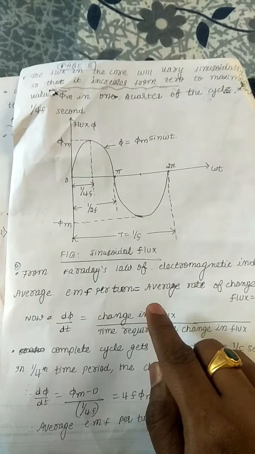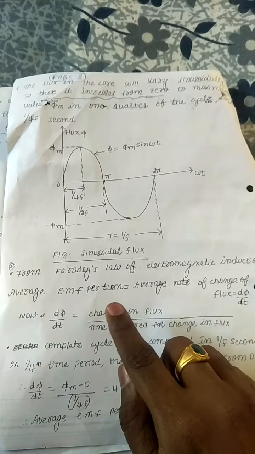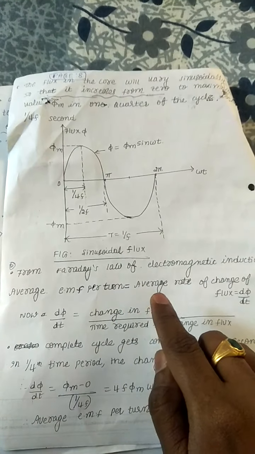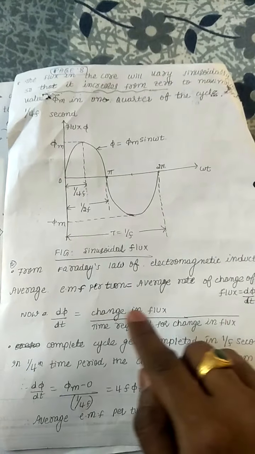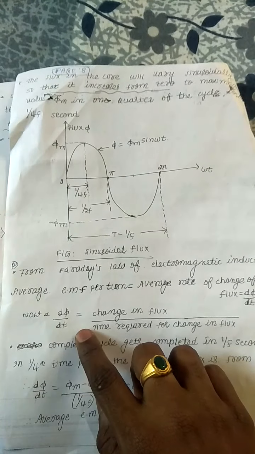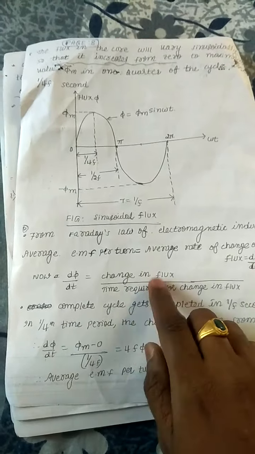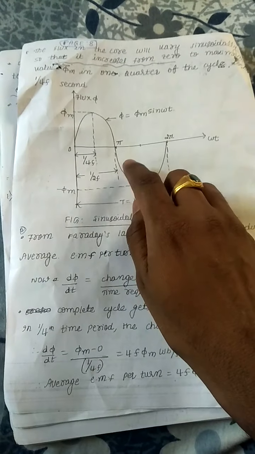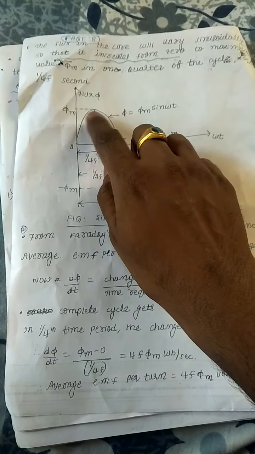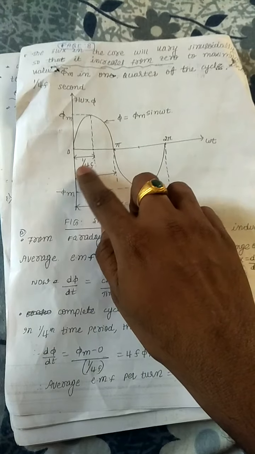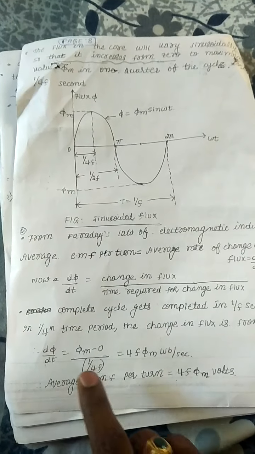According to Faraday's law of electromagnetic induction, the average EMF per turn is equal to the average rate of change of flux, that is, the change in flux with respect to the time required for the change. So the flux changes from phi m to 0 over a time period of 1 by 4f. That's what I have written here.